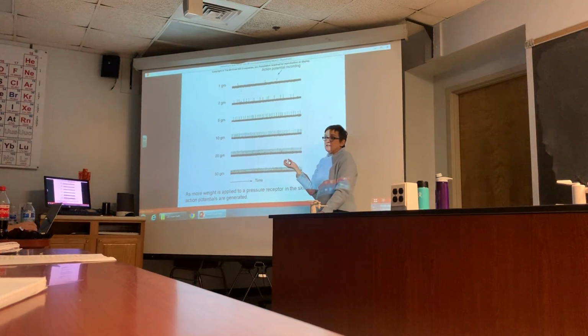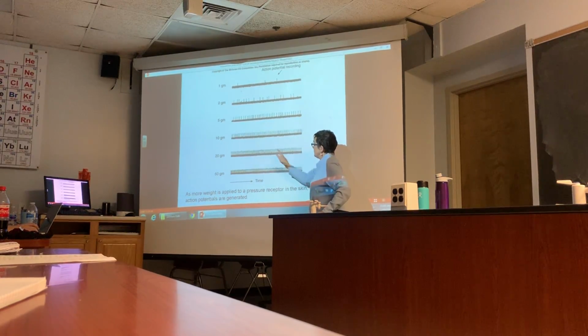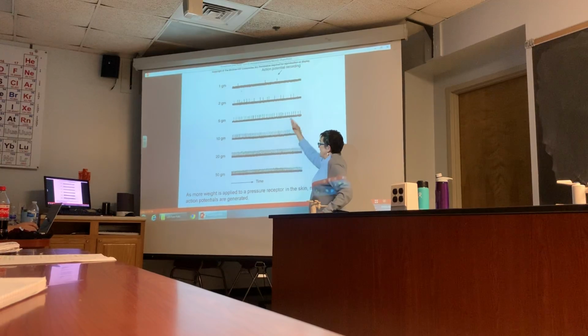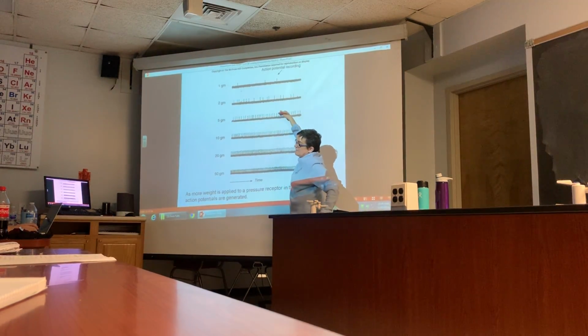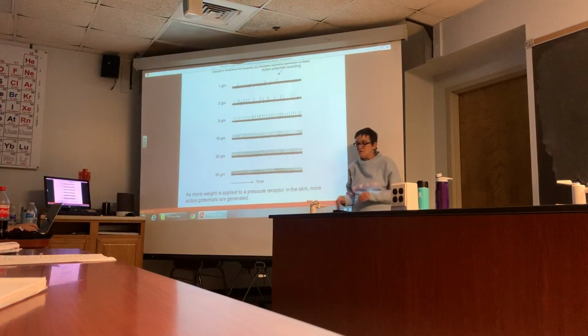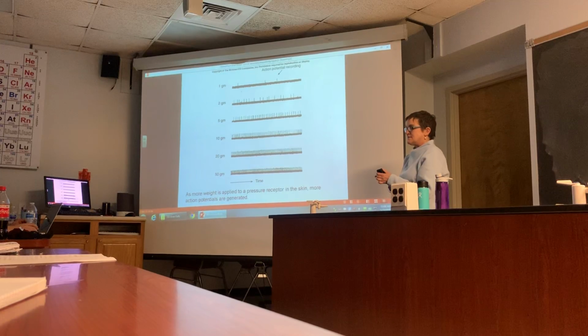The more and stronger the generator potentials, the more action potentials you're going to get. And so your brain is going to interpret all this data as very strong stimulation versus weak, and the various levels of stimulation. Your brain takes that information and interprets it so that you perceive that sensation.